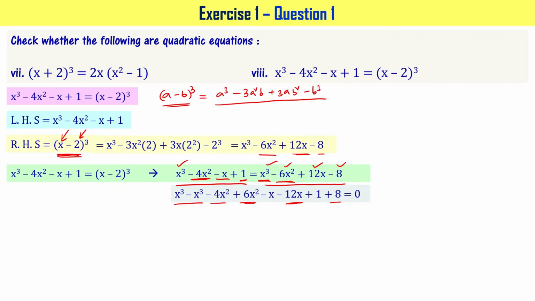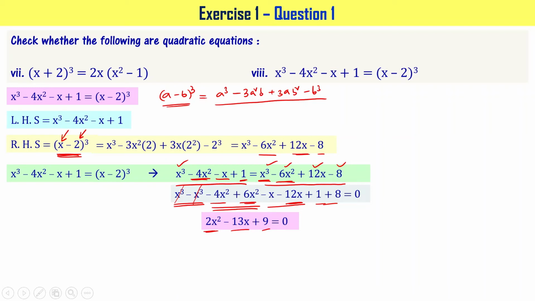Look at this. You have x³ − x³. I can cancel these two. When I cancel these two and simplify this equation further, I can write it as 2x² − 13x + 9 = 0. −4x² + 6x² is 2x², right? And −x − 12x is −13x. 8 and 1 together becomes 9, right?